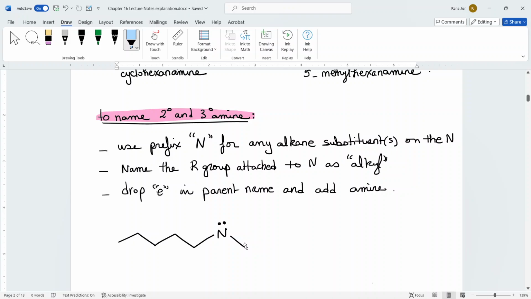Here, on the nitrogen, I have 1 carbon on one side, and 1, 2, 3, 4, and 5 carbons on the other side. So the 5 carbons are going to be my ending, the pentane amine, and that 1 carbon is going to be a substituent on the nitrogen.